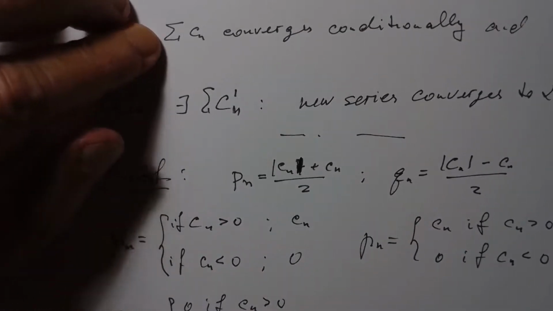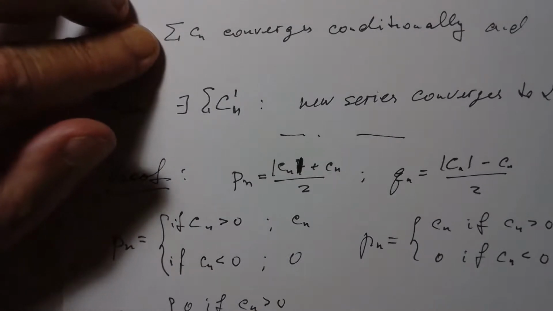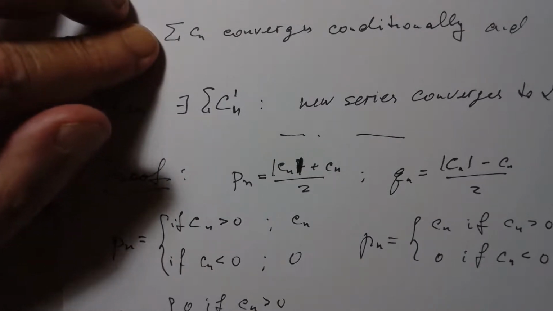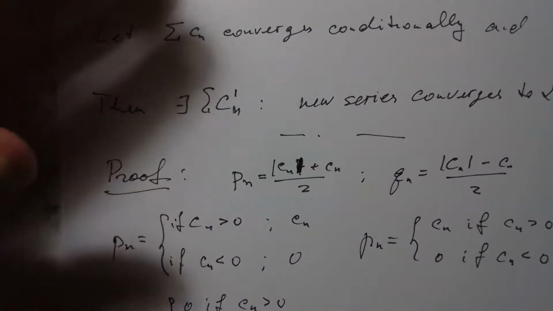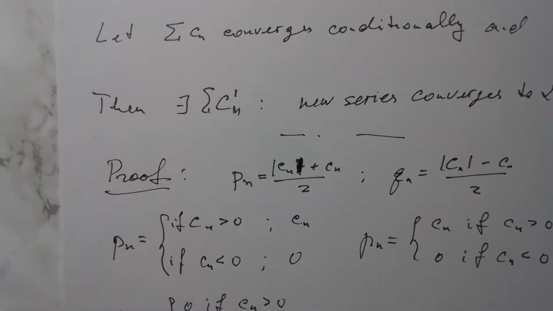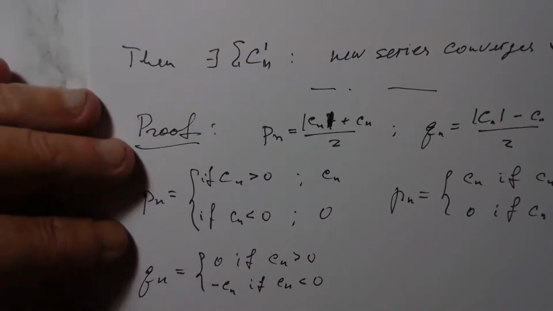Remember, there have to be infinitely many positive terms and infinitely many negative terms among those C_n's in order for the series to converge conditionally and not absolutely. If there are only finitely many C_n's which are, say, negative, then the series would converge absolutely, because taking absolute values of C_n will not change most of the terms. All right. Okay. So now, claim 1.